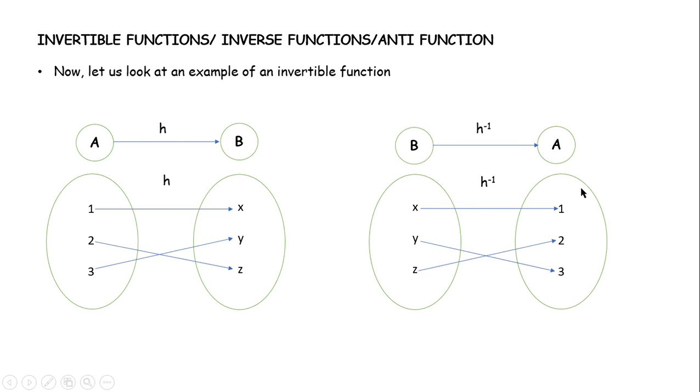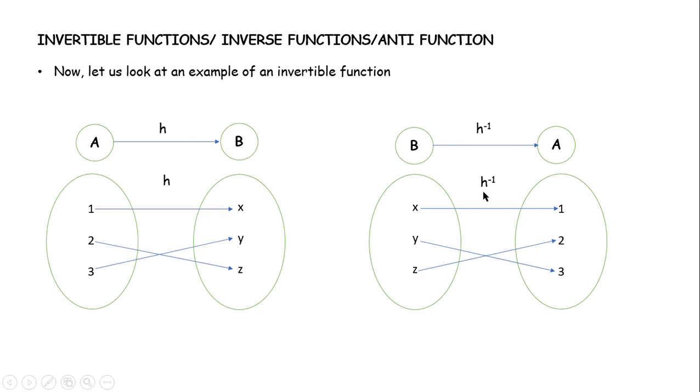But that is possible after reversing it also, right? So x is assigned a unique element, y is assigned a unique element, z is also assigned a unique element. That means it is a one-to-one mapping. Then each and every element of the codomain is being used in assigning a value to the elements of the domain. That means it is onto also.